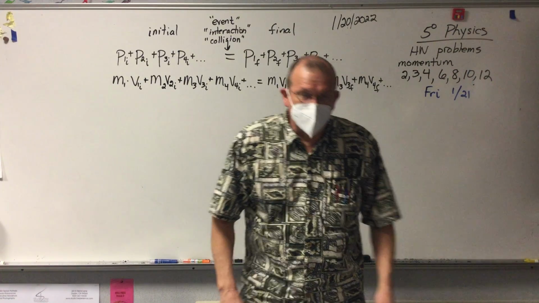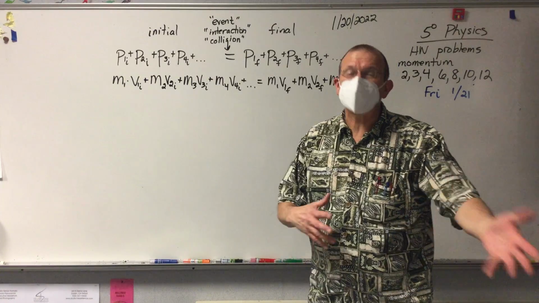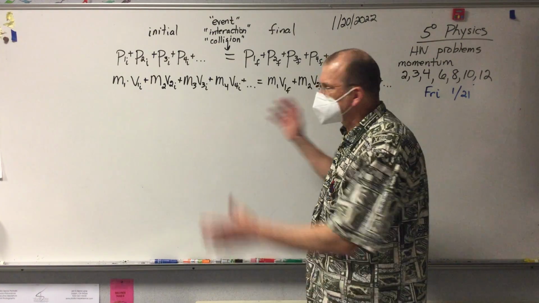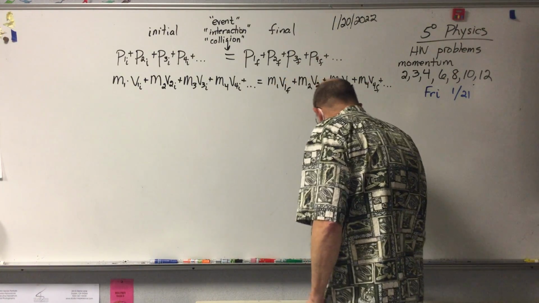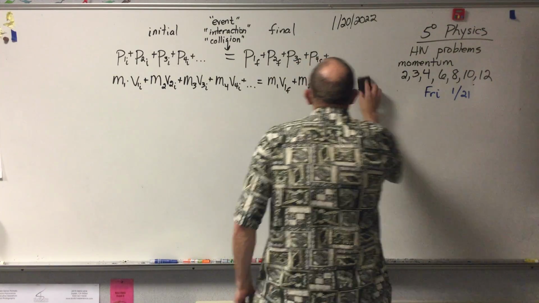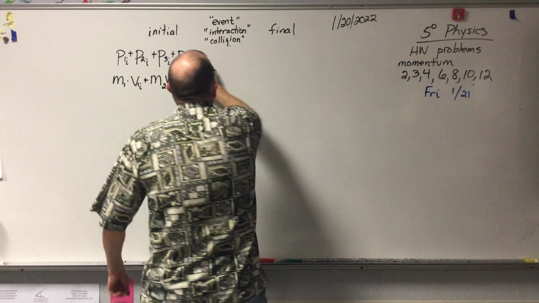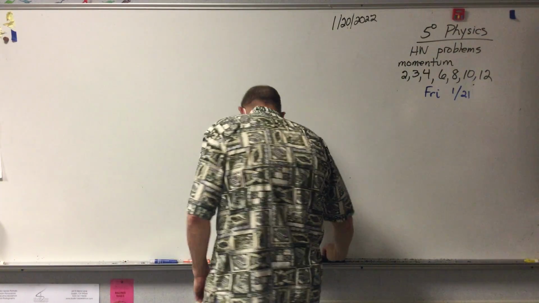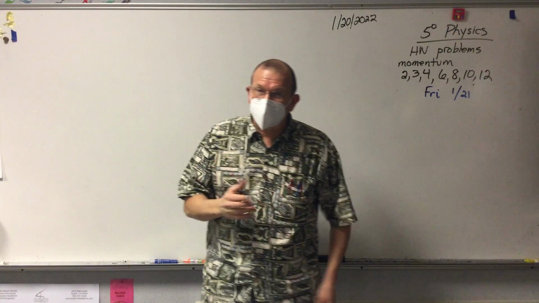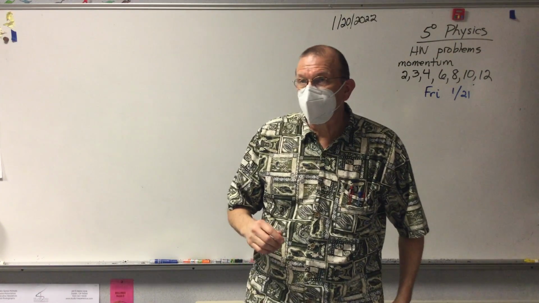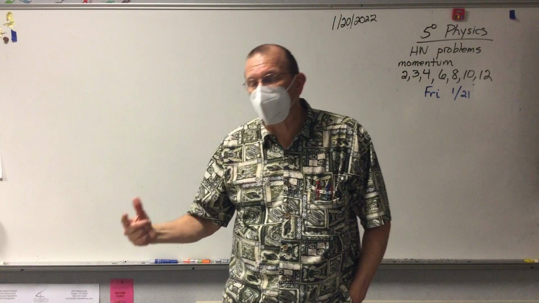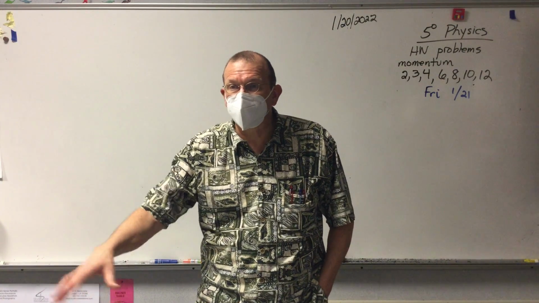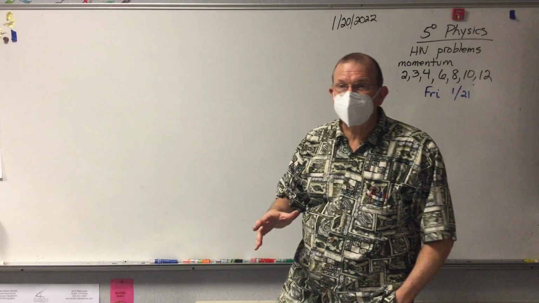Okay. So that's kind of just an actual example of this conservation of momentum idea. Now, we're going to talk about specific types of interactions that we can then apply to some of the word problems that are on the worksheet that I have for you.